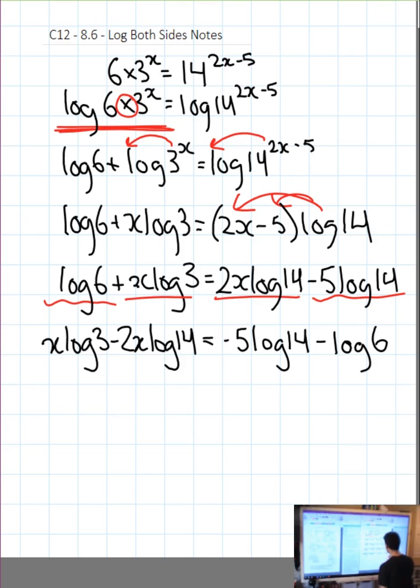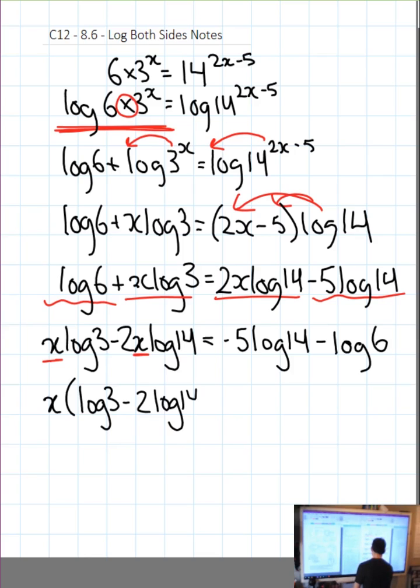Now notice I have two negative logs on the right. I probably shouldn't have done it in that order, but we're not going to get too concerned with that. On the left-hand side, I have an x, and I can factor out that x. So x open bracket, whatever's left, equals the right-hand side.